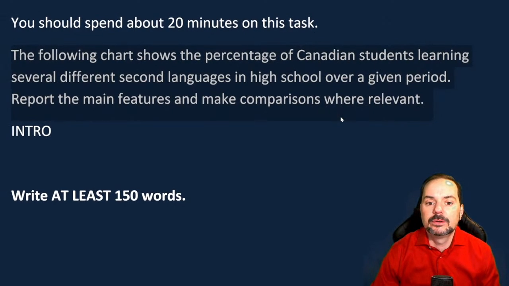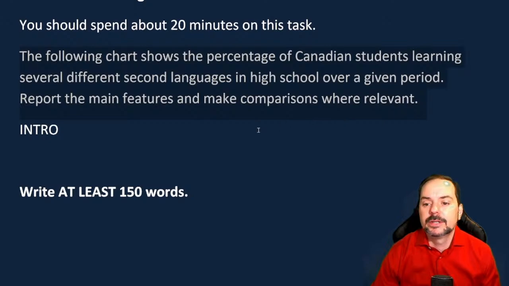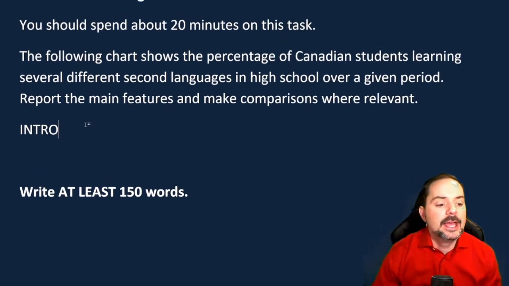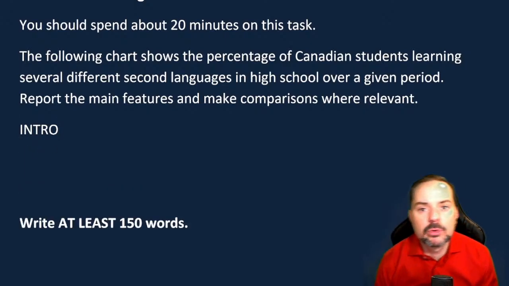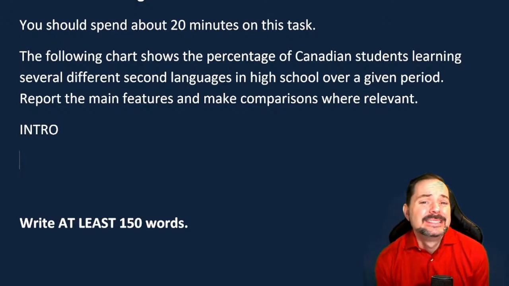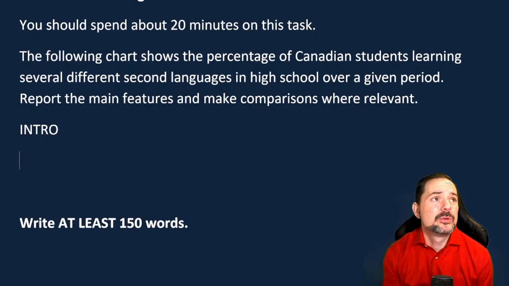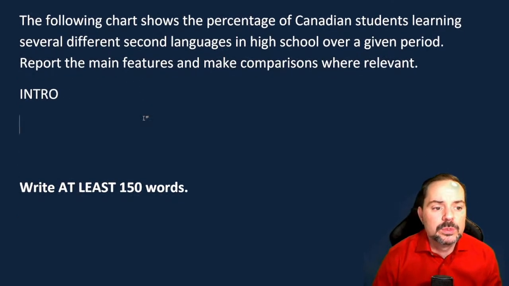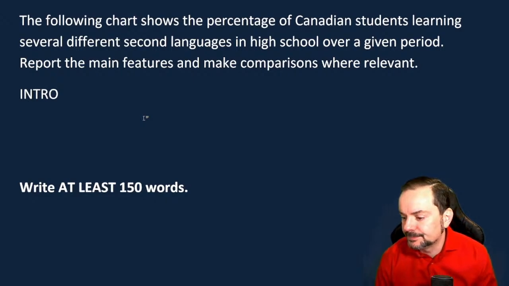All right, let me go a little bit smaller there. So we're paraphrasing the question here and giving some more detail. It's very important. I've seen still so many students just paraphrasing with no detail, and it's really not getting you a band score higher than a 6 or a 6.5. Let me start, and then we'll see how you do, okay?